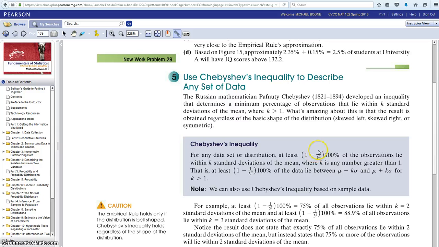So I'd have 1 minus 1/4. If I squared 2, I have a 4. So that gives me 3/4. 3/4 times 100 is 75%. So on a Chebyshev's, if I was plus or minus 2 standard deviations, I know 75% of my data falls between plus or minus 2 for any distribution.